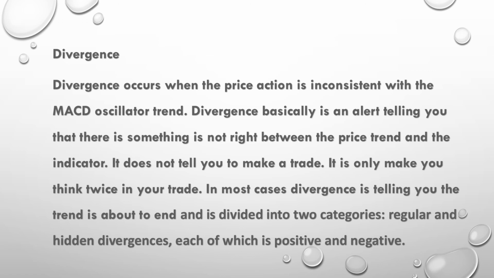It only makes you think twice in your trade. In most cases, divergence is telling you the trend is about to end and is divided into two categories, regular and hidden divergence, each of which is positive and negative.